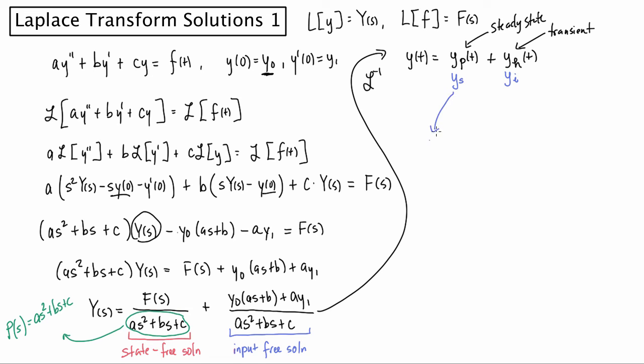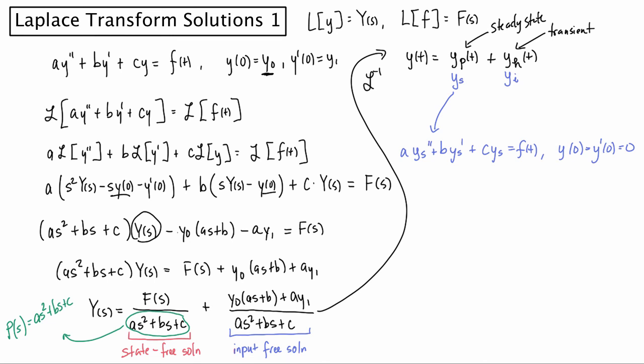This problem solves y sub s double prime plus b y sub s prime plus c y sub s equals the forcing function f of t with 0 initial conditions. So it's basically looking at what is the response to the force and not the initial conditions itself.